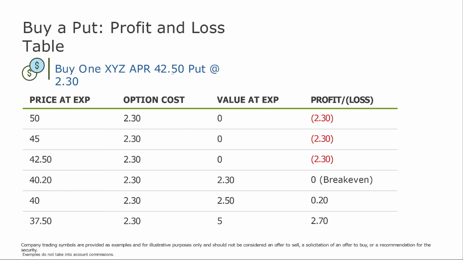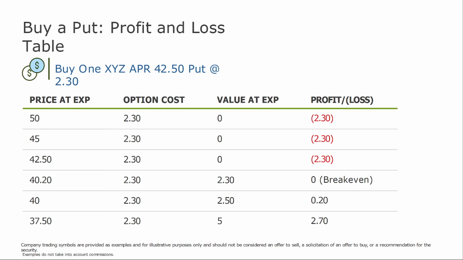So we put the price at 42.5 for this put contract, and we paid $2.3 per share for it, so 230. We can see that the break-even is going to be 42.5 minus the premium, which is 40.20.